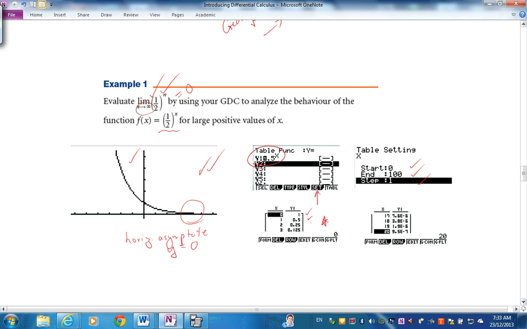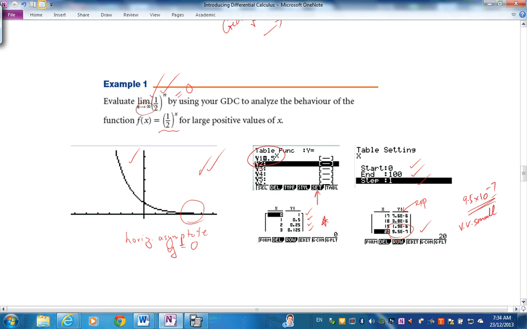Half to the 1 is a half. It's getting smaller, it's getting smaller. Let's scroll down to 20, in which case the number's almost disappeared. This is 9.5 by 10 to the minus 7. Remember this E notation with the graphics display calculator means exponent of 10 is negative 7. So that's a very, very small number. It is approaching 0 quite rapidly there.